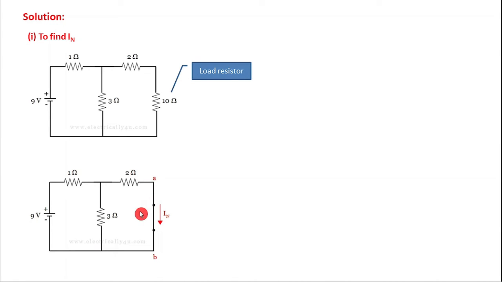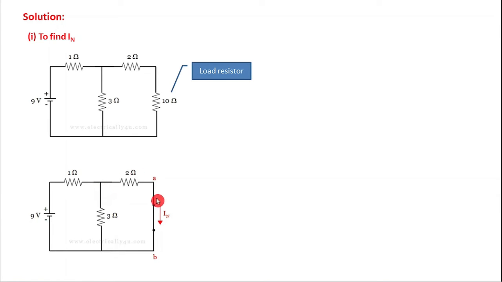So if you observe the circuit, this 3 ohm and 2 ohm are in parallel, right? And here there is a voltage source, and the current from the source will come here, and from this place it has two paths, right? Two parallel paths.